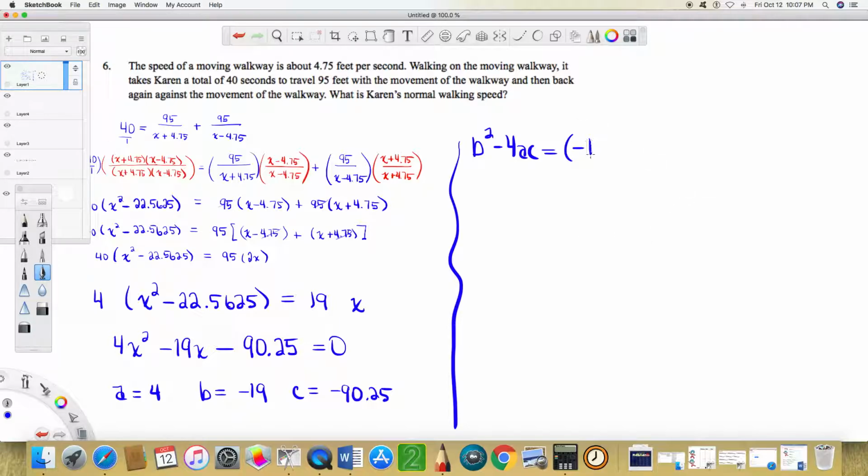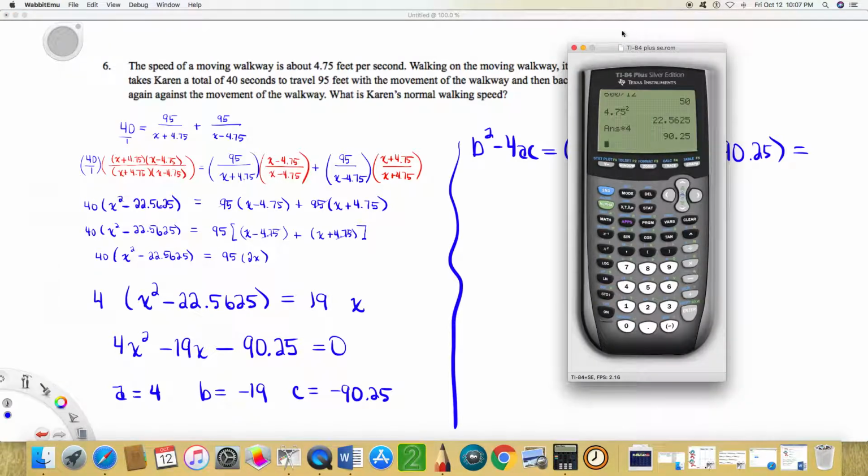B squared is negative 19 squared minus 4 times a, which is also 4, times c, which is negative 90.25.